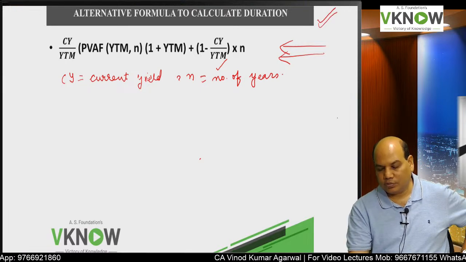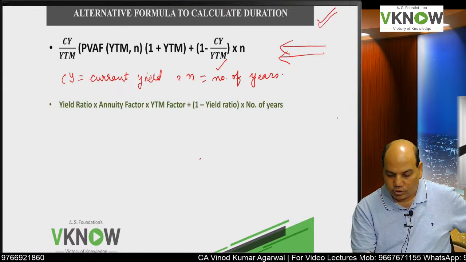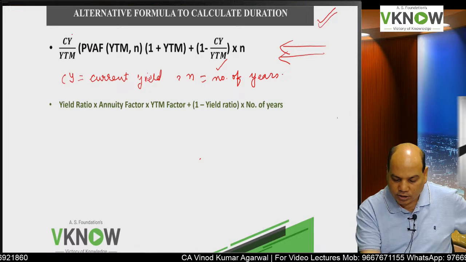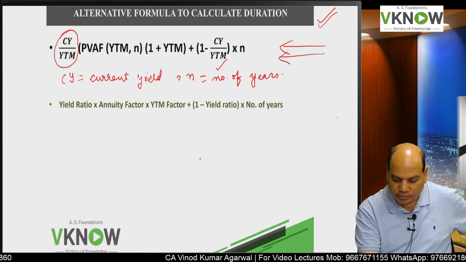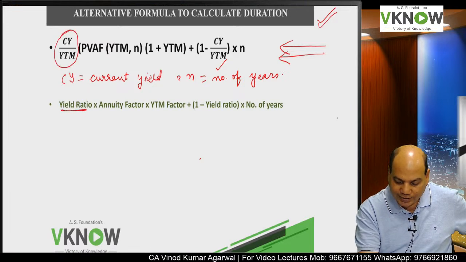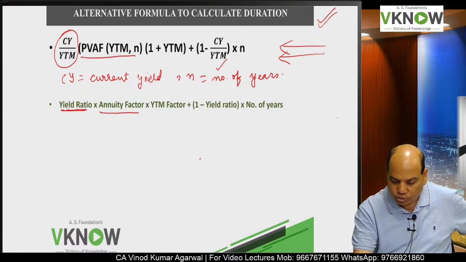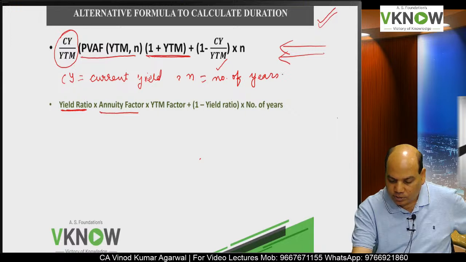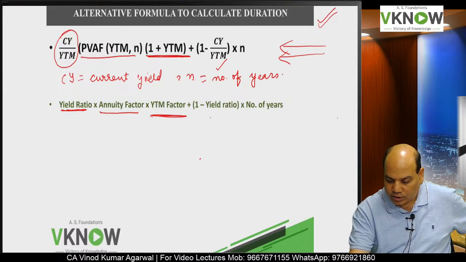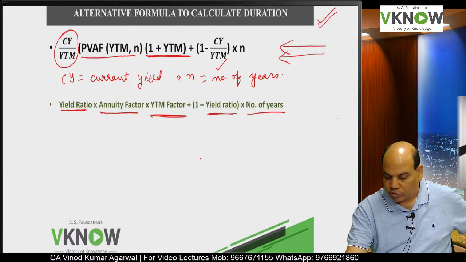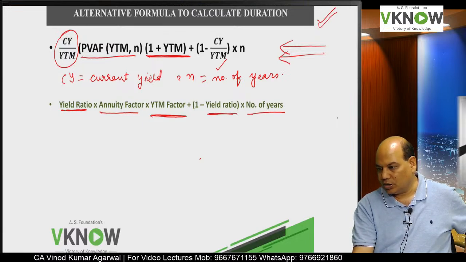In short we will call current yield upon YTM the yield ratio. PV annuity factor you already know. 1 plus YTM is called YTM factor, plus again 1 minus yield ratio into number of years.